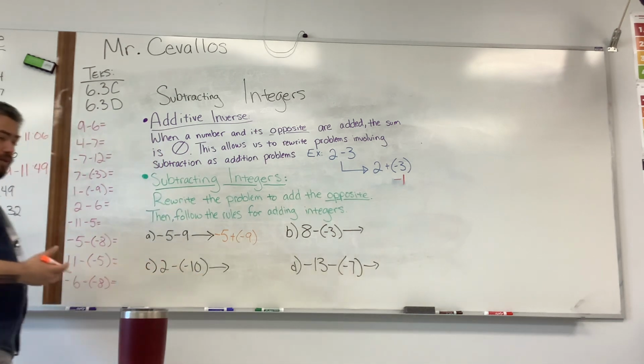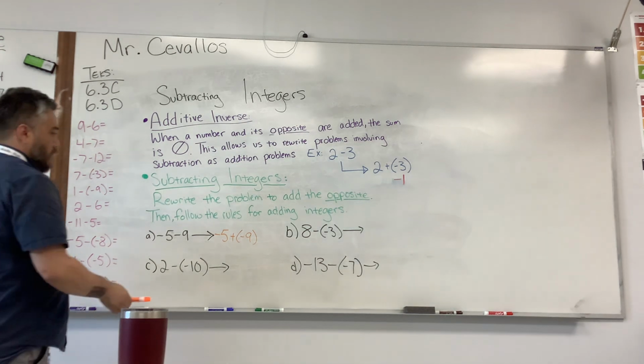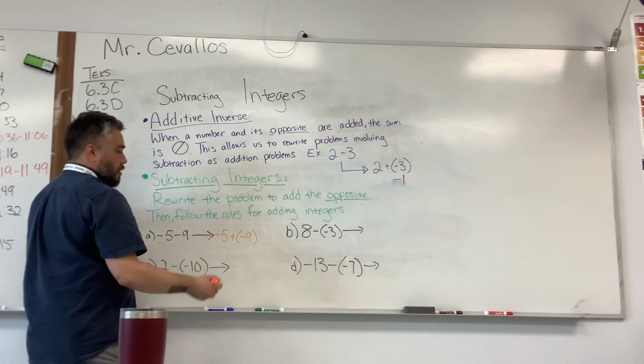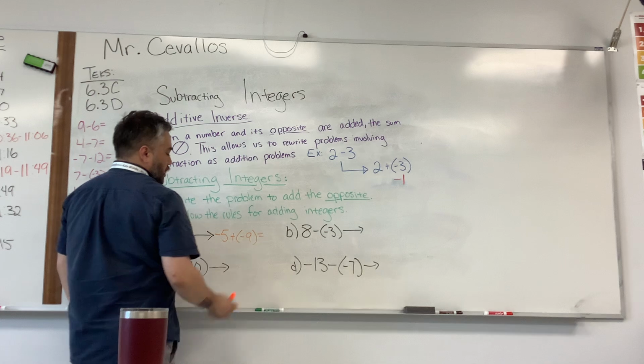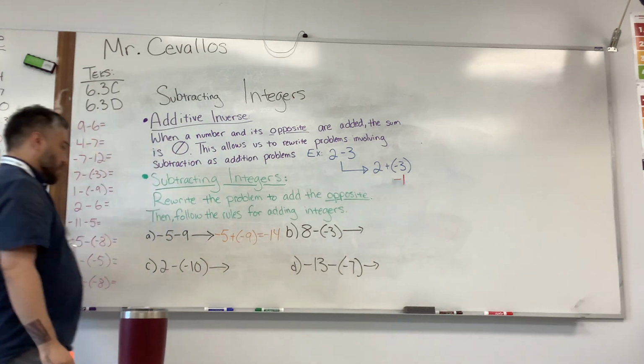We'll still come up with the same result, but it becomes a little easier to see. I spent $5 and I spent another $9, therefore I spent a total of $14.